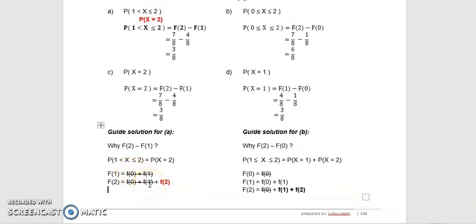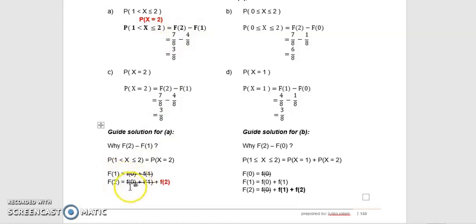For f1, the probability is 3 over 8, so 3 over 8 minus 3 over 8 is 0. So based on these two cumulatives, what we have is only f2.